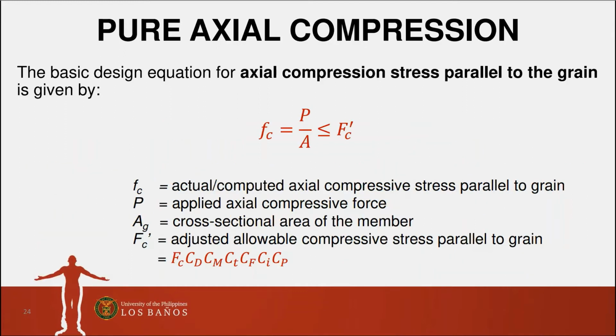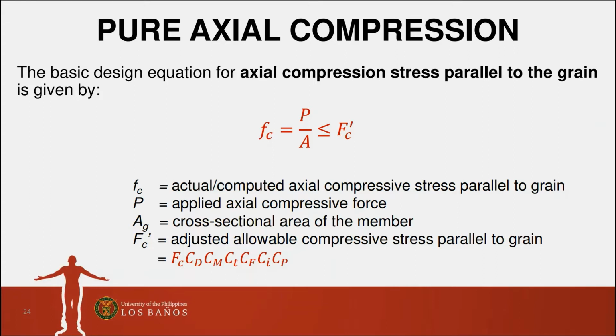For pure axial compression, the basic design equation for axial compression stress parallel to the grain is given by F_c = P/A ≤ F'_c, where F_c is the actual or computed axial compressive stress parallel to the grain.